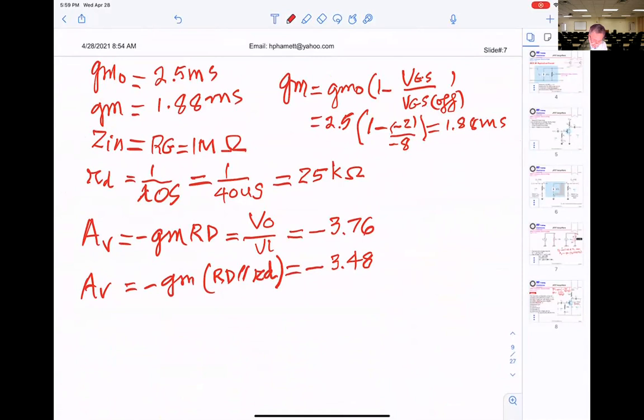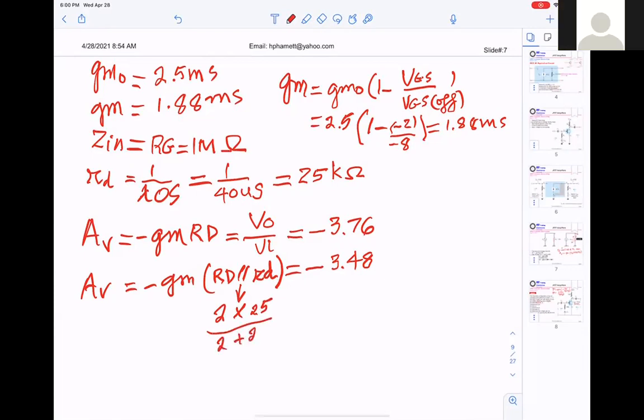First calculate RD parallel R small d. 2K in parallel with 25K comes out to 1.85K. Okay, I got it. Yeah, good.